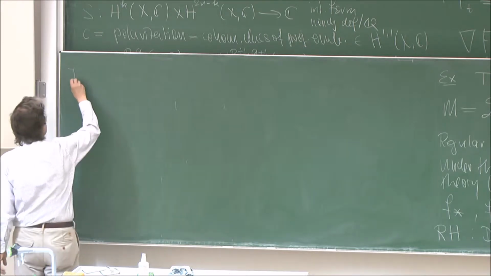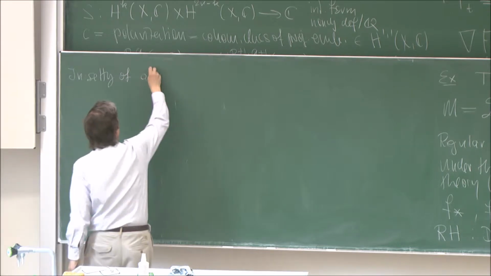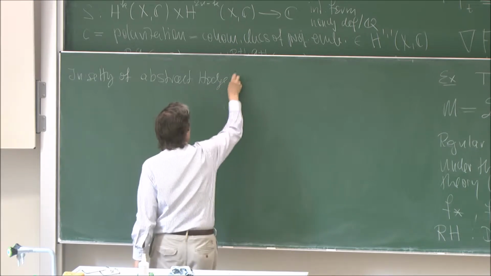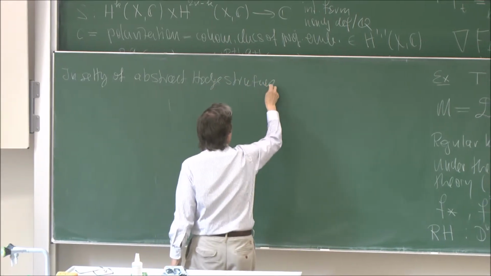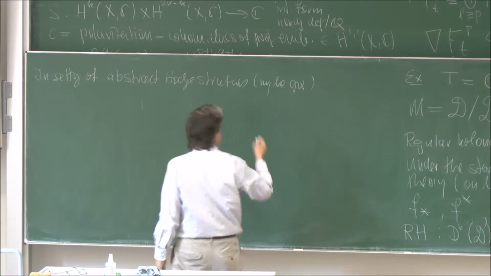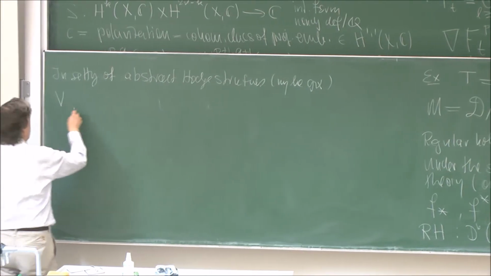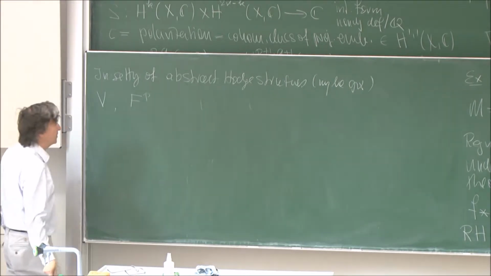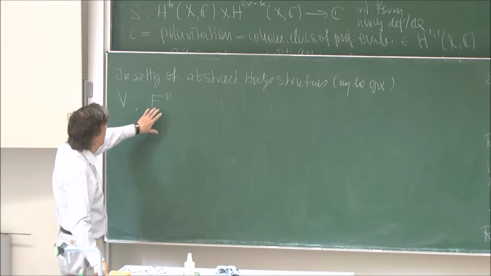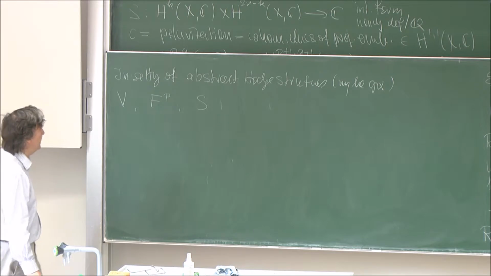So in the setting of abstract Hodge structures, maybe complex. So in the complex setting, what does one have? One has a vector space V and the Hodge filtration. So since I allow the complex case, I'm not looking at the V^{p,q}, but at the F^p, and then there's the polarization form.